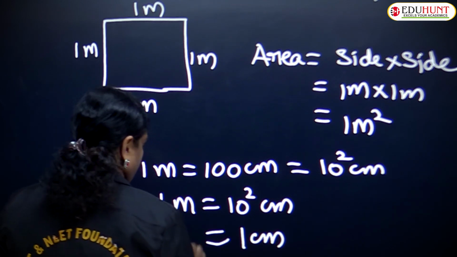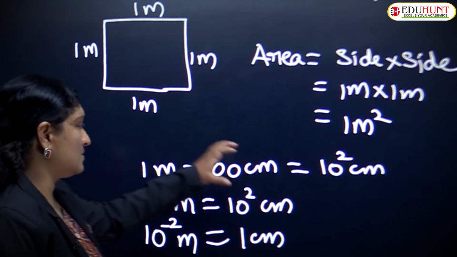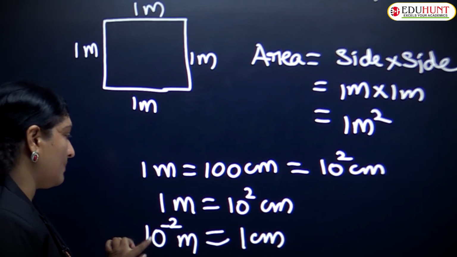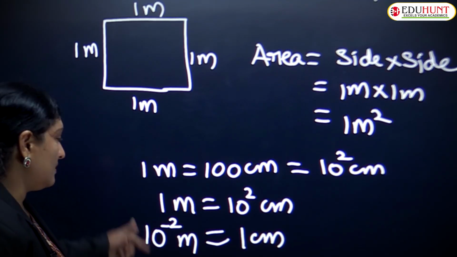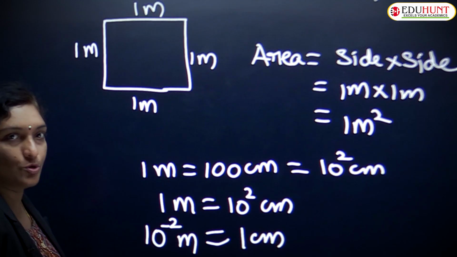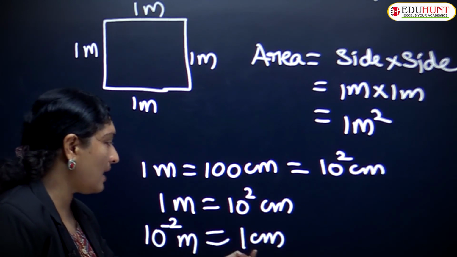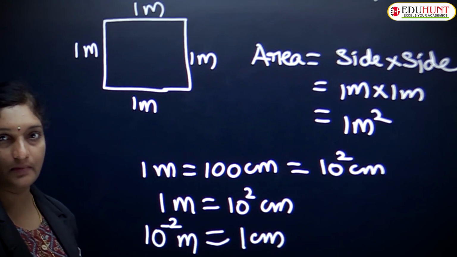If 1 meter equals 100 centimeters, then 1 centimeter is equal to 1 by 100, which means 1 by 10 square, which goes up as 10 power minus 2 meters. So clearly this centimeter is a submultiple of meter.